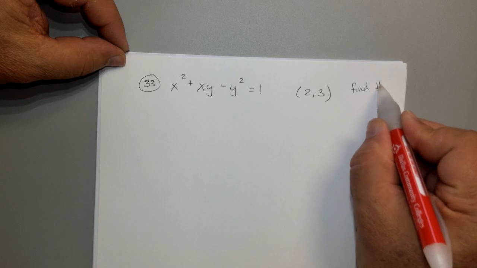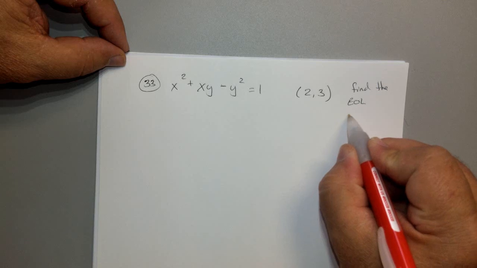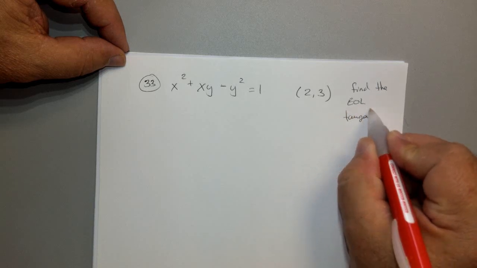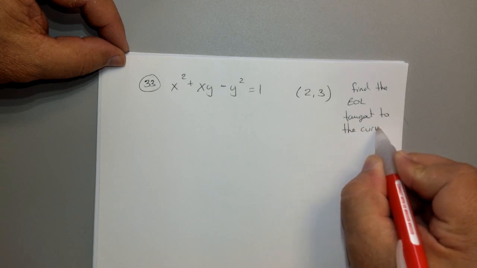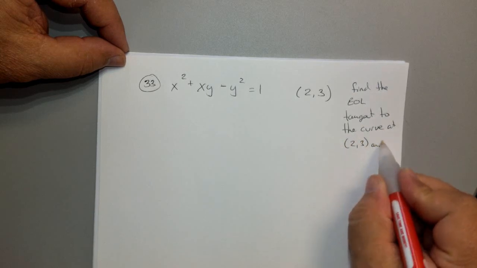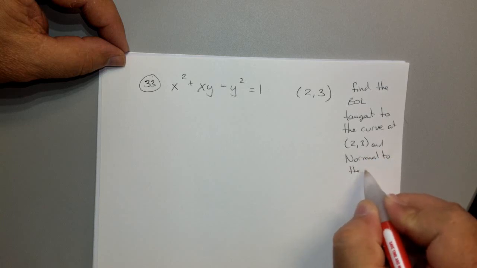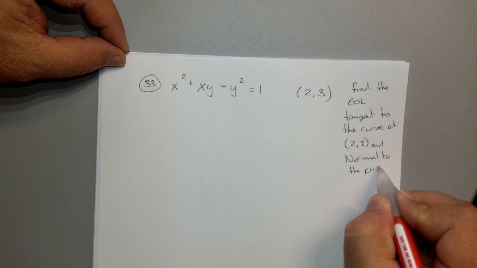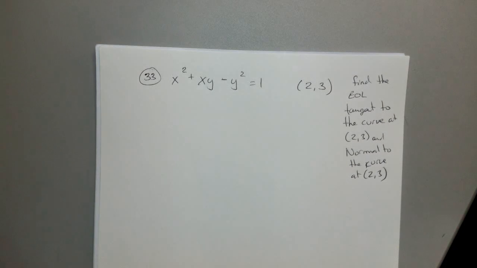Find the equation of the line tangent to the curve at 2, 3 and normal to the curve at 2, 3. Find the equation of the line tangent to the curve at 2, 3 and find the equation of the line normal to the curve at point 2, 3.